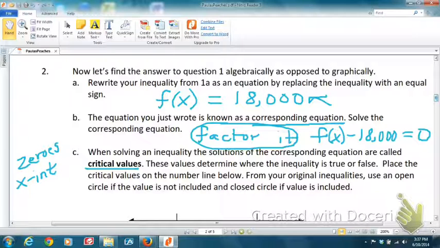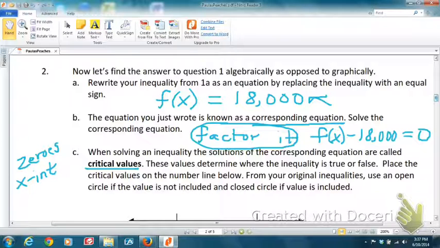It says these values determine whether the inequality is true or false. Place the critical values on the number line below from your original inequalities. Use an open circle if the value is not included and a closed circle if the value is included.